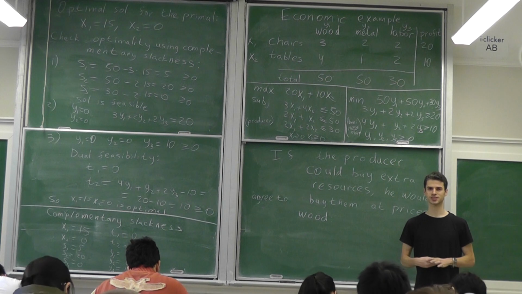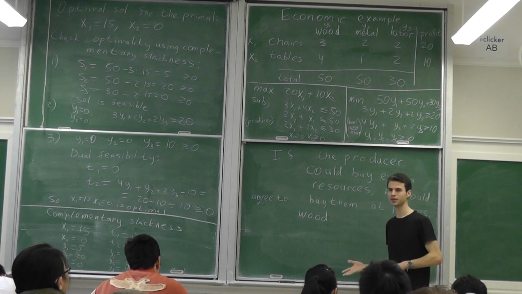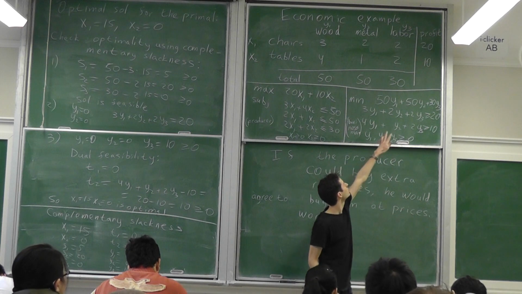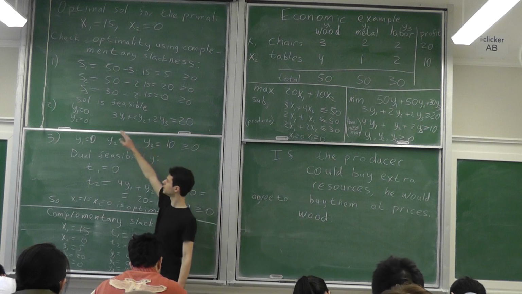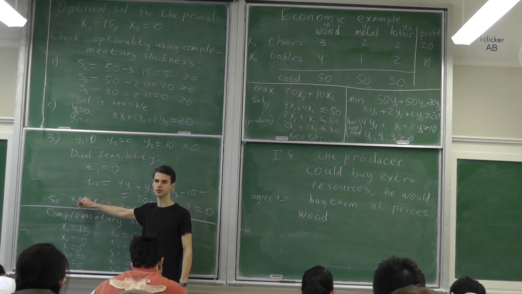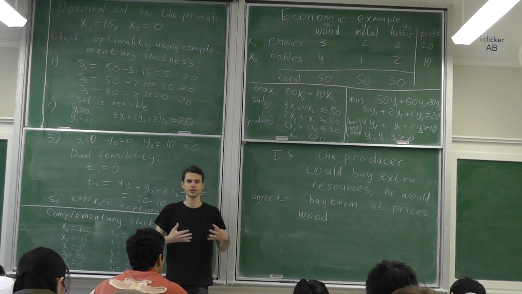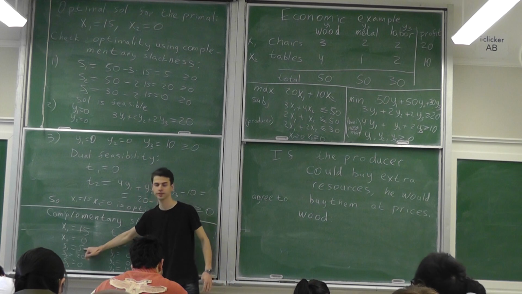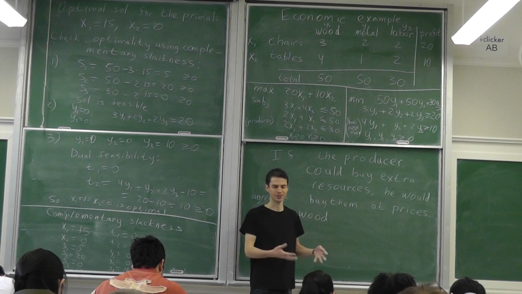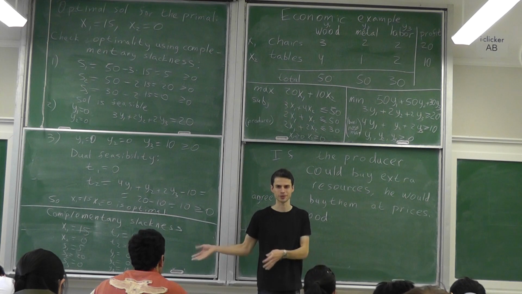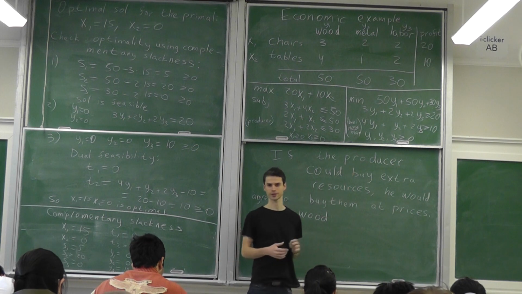Well, this unit of wood will not get converted to any extra profits. You know that the optimal production doesn't use all the wood. You still have a little bit of wood remaining right here. If you buy more wood, you have to throw out a little bit more, but you will not get more profit.